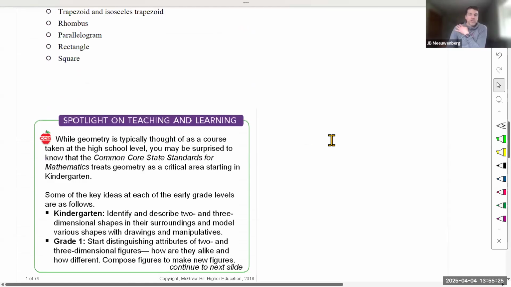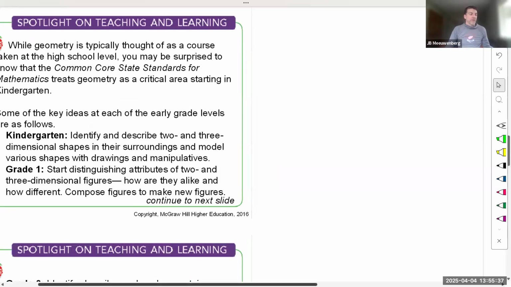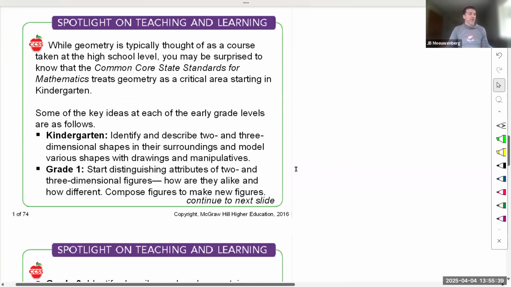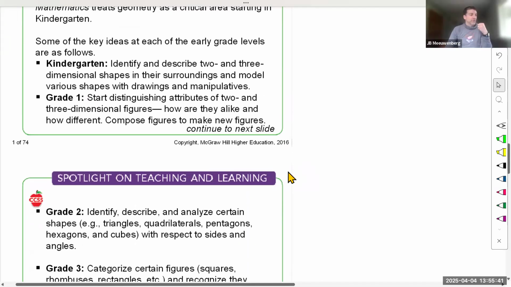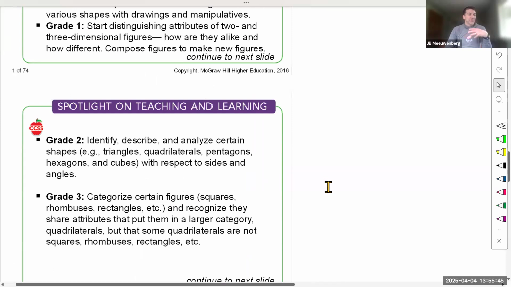A quick spotlight on teaching and learning. We often think of geometry as a class you take in high school, often in 9th or 10th grade, maybe. But really, the ideas of geometry are starting really early. Kindergarten, 1st grade, you're starting to build the idea of those 2 and 3-dimensional figures. Grades 2 and 3, you start to identify, describe them, categorize them, note their features, and put them into groups, right?